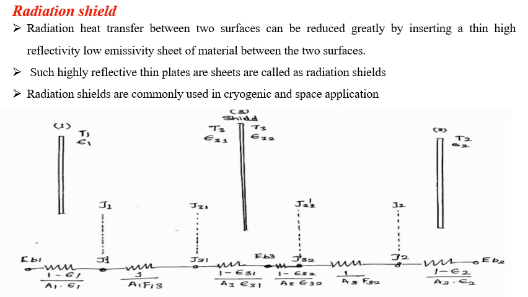Between the two plates there are radiosities J1, J31, J32 and J2, and the corresponding relations you can see here.